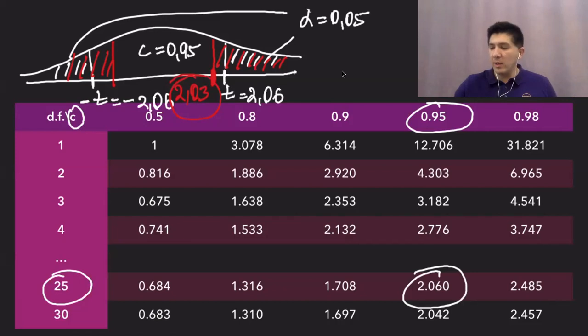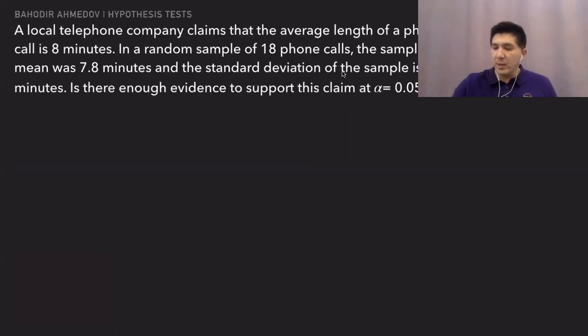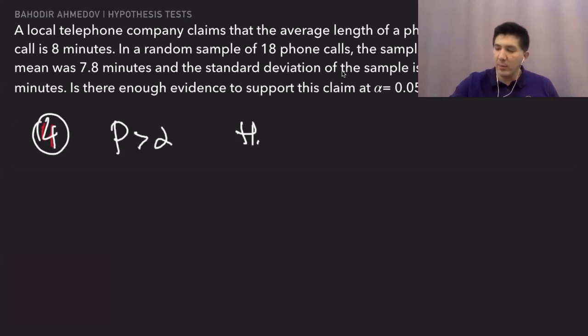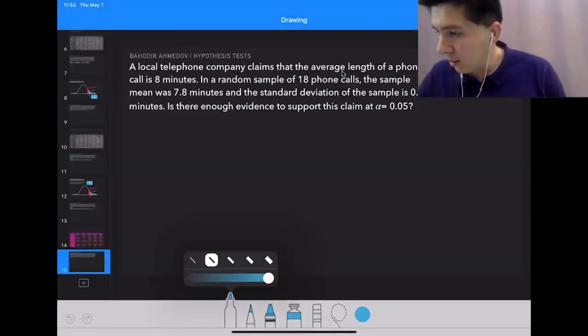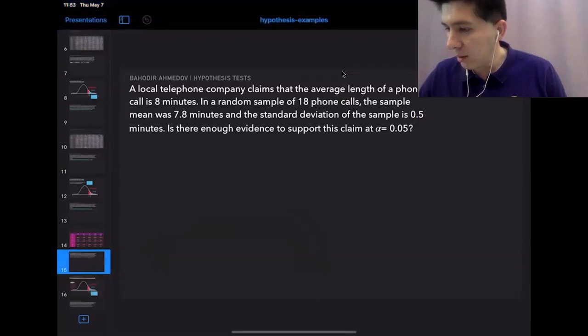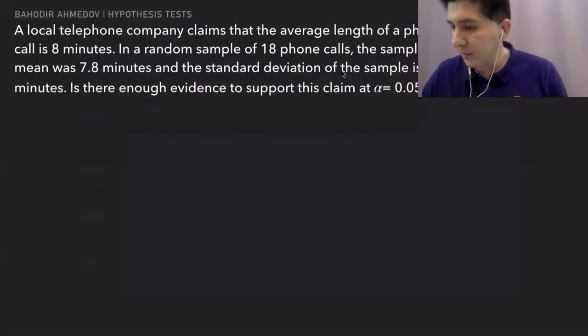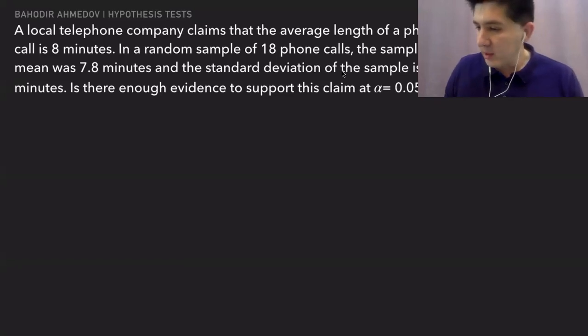So we are going to make the conclusion in this way. Step number 4 tells me that the p-value is greater than alpha. It means that the null hypothesis is not rejected, right? If you remember, our claim is also the null hypothesis.